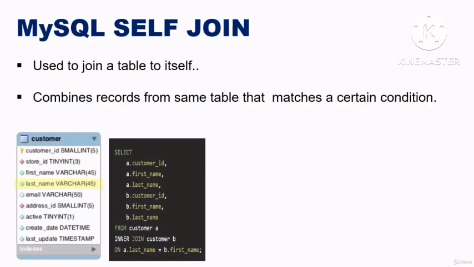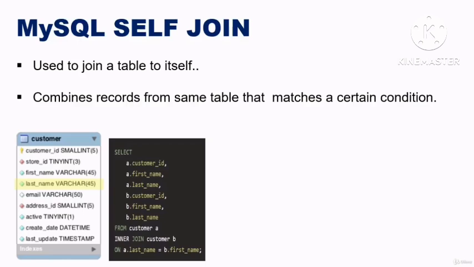So I've got the alias A, which represents customer_ID, first name, last name, and then I've got an alias B with the same number of fields, customer_ID, first_name, last_name. So we're basically joining data from the same table to itself.